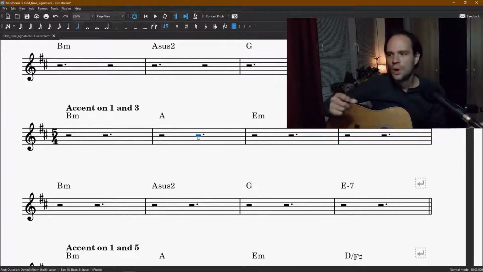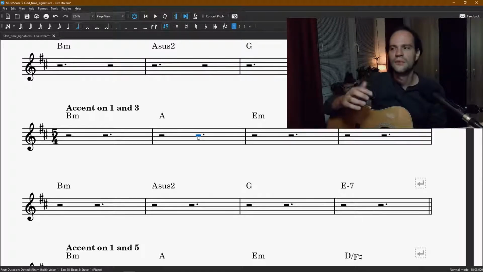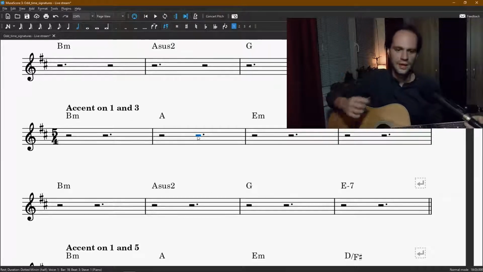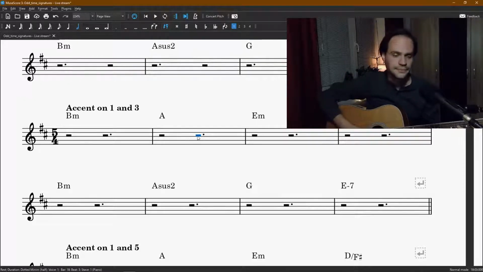So now it would be 1, 2, 1, 2, 3. Let me try that on the guitar.